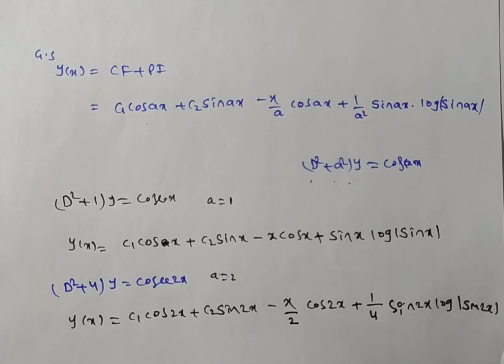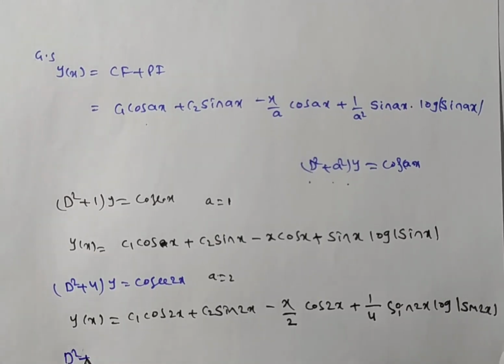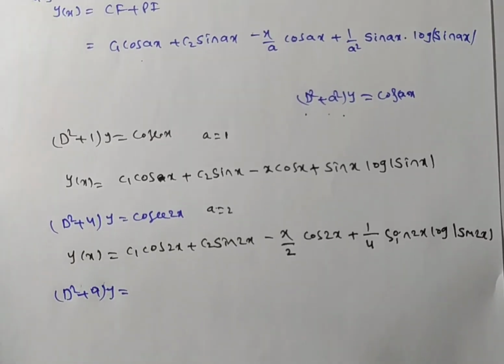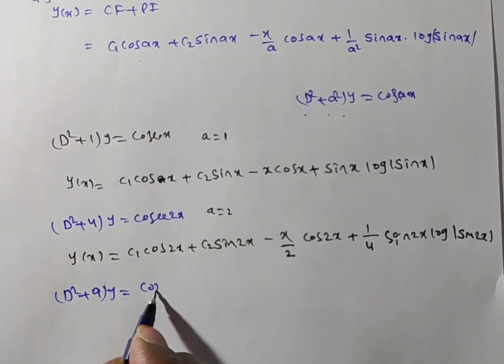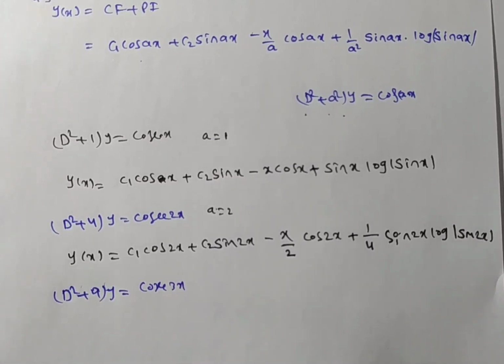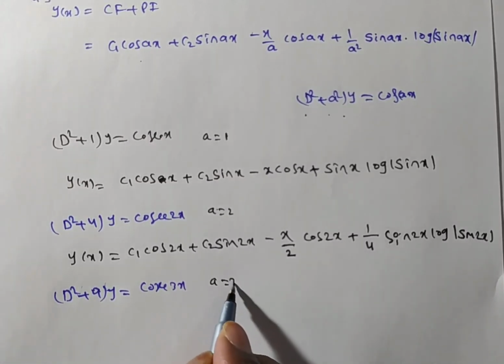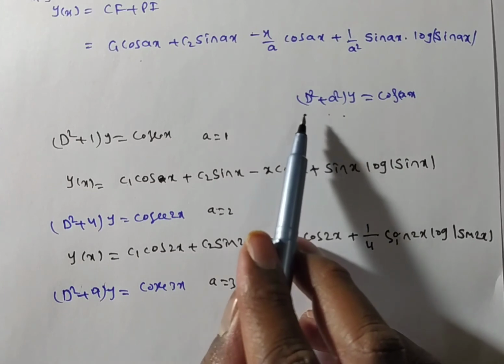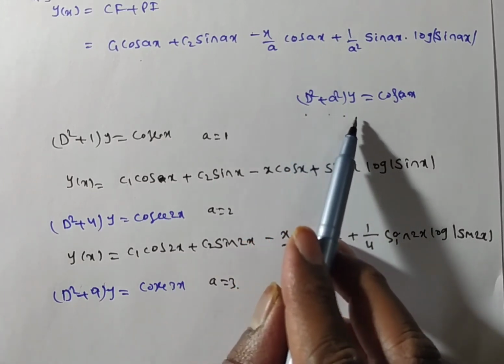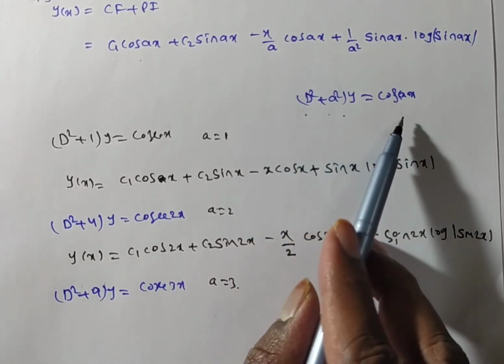Now, the fourth problem they have given: d square plus 9 into y is equal to cosecant 3x. So in place of a we have to replace 3 from the given problem, d square plus a square into y is equal to cosecant ax.